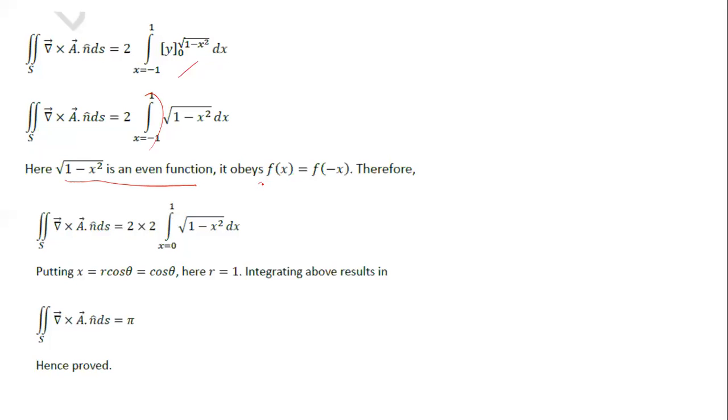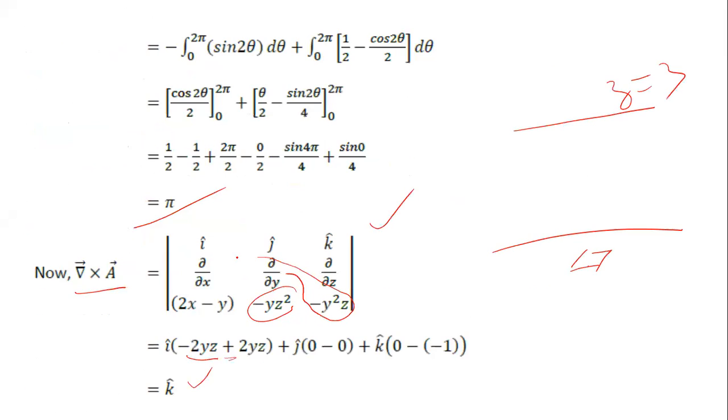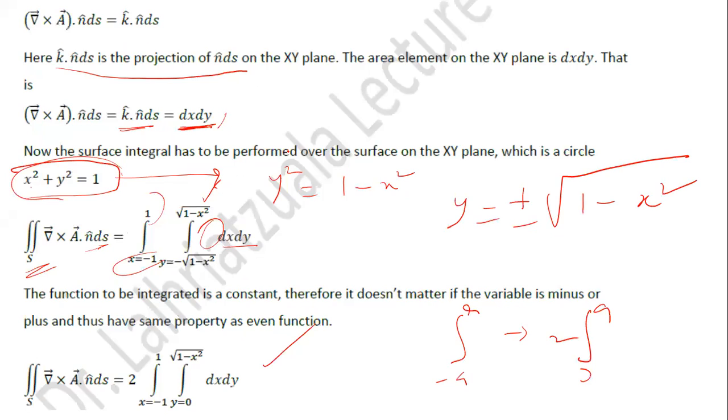If you put f of minus x here, minus x squared is the same as x squared, so it is the same as f of x. Even function means minus 1 to plus 1 can be converted into 0 to 1 times 2. And eventually, if you simplify this integration using a trigonometric property, you will find this as pi. So this will be exactly the same as that. So that's how we do it.